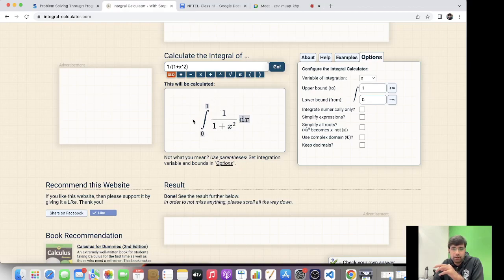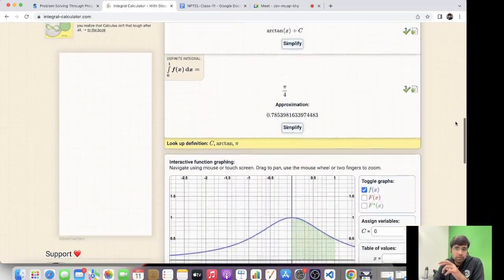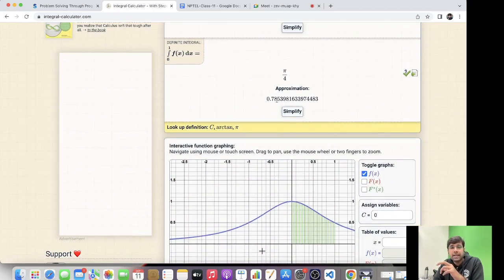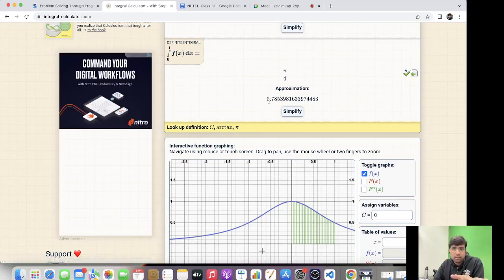The actual integration value of this is around 0.785398. So just remember these digits, 785398. Then we will see it in action.